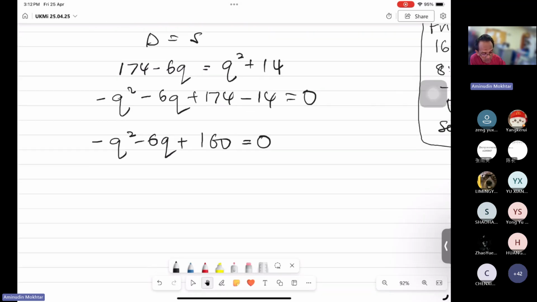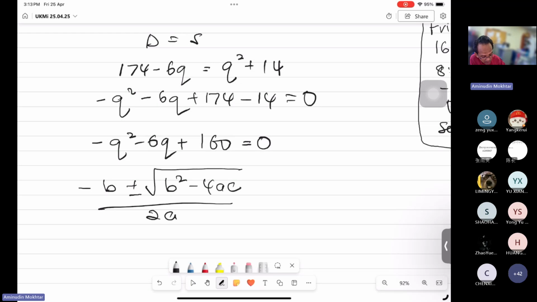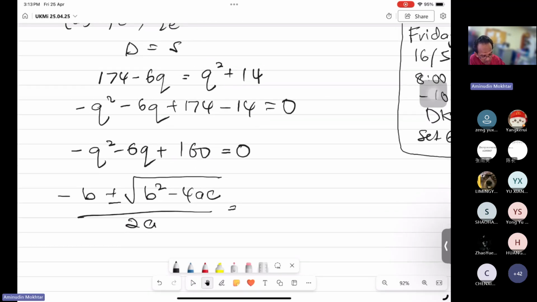If you want to calculate the value of Q that makes the equation equal to 0, we need to use the quadratic formula: negative b plus minus square root of b squared minus 4ac, all over 2a. Based on this equation, we know a equal to -1, b equal to -6, and c is equal to 160.